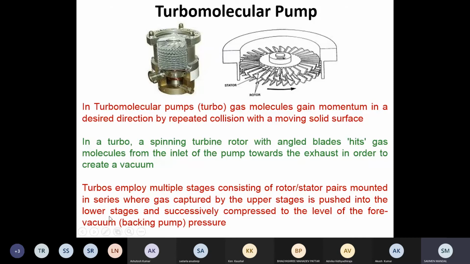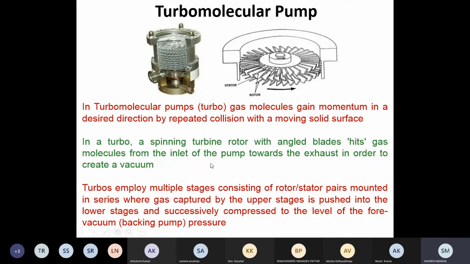This turbo employs multiple stages consisting of rotor-stator pairs mounted in series, where the gas molecules captured by the upper stage are pushed into the lower stage and subsequently compressed to the level of the forward backing pressure. So what does it mean?